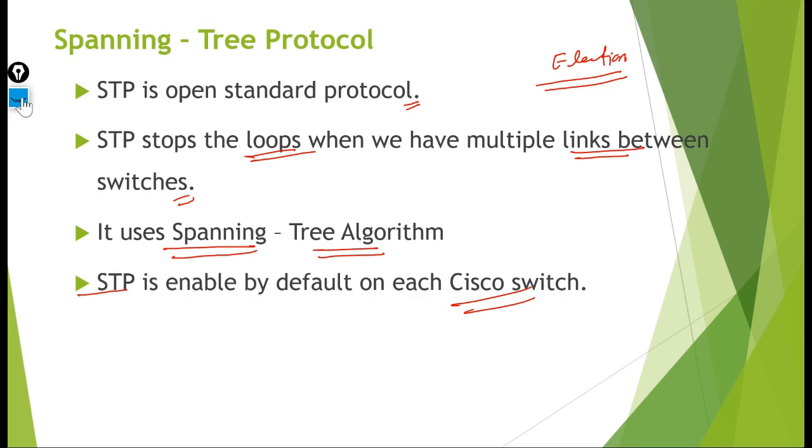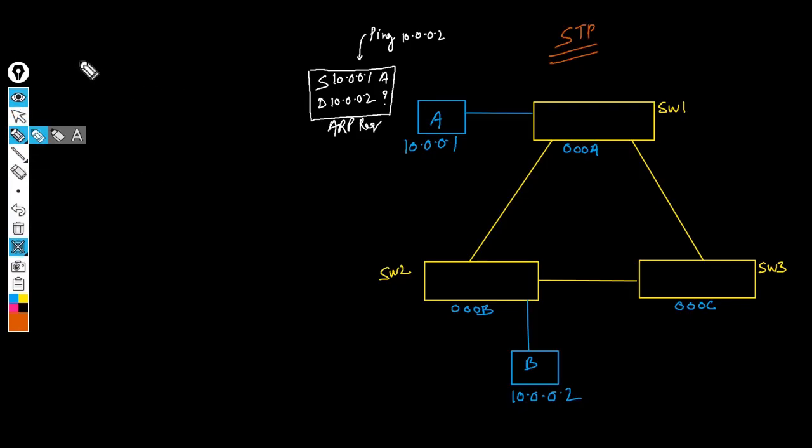First of all, the STP election will take place, and it starts with the root bridge election, or you can call it the root switch election. This root bridge election happens based on some criteria.